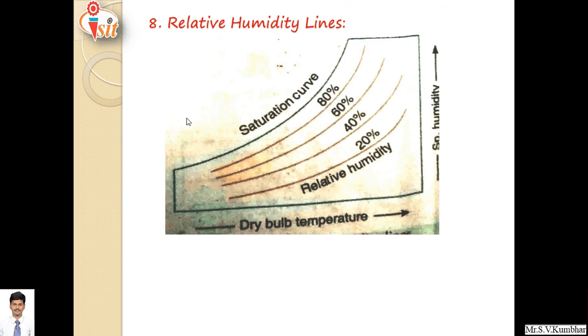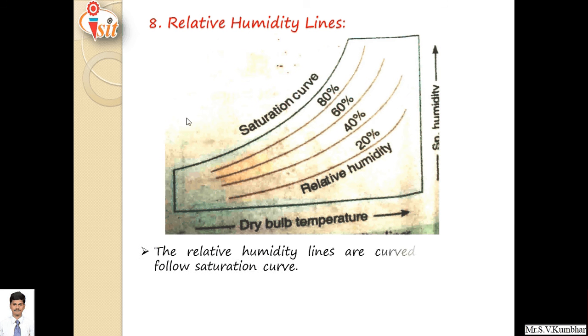Relative humidity lines, which are very important. Relative humidity lines are curved lines that follow the saturation curve. This curve is the 100% saturation curve, and the relative humidity lines follow it.